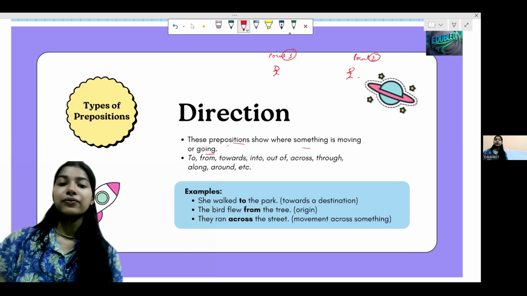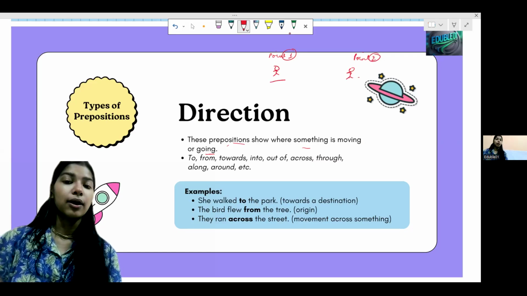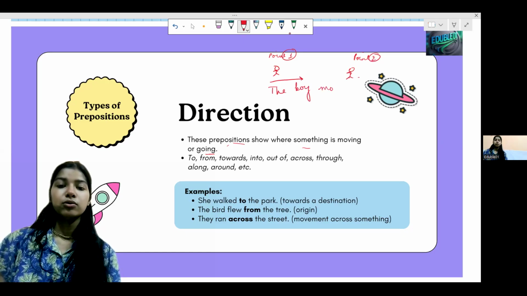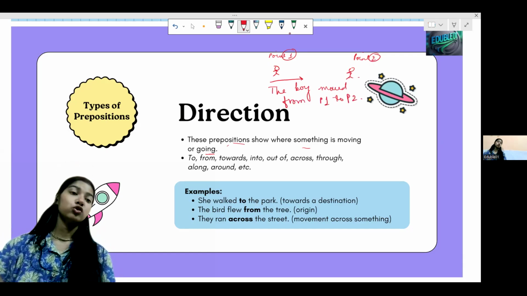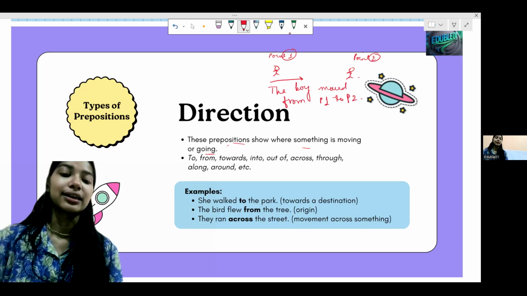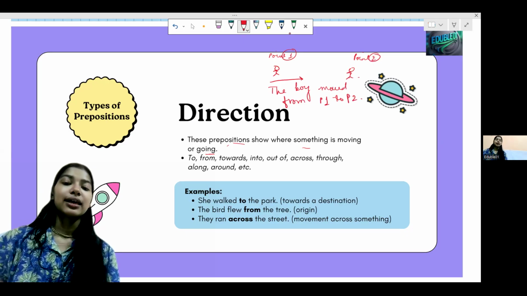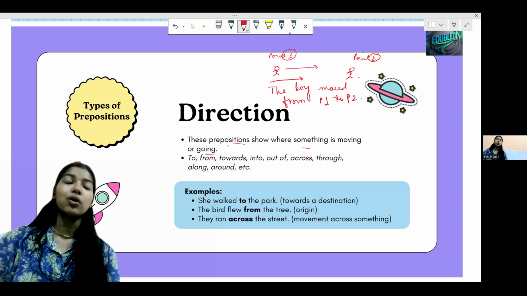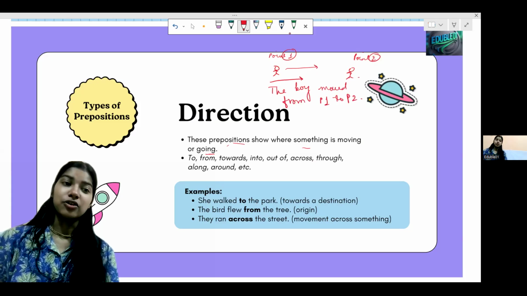So what we can say is that the boy moved from point one to point two. It is saying that something is moving towards something, so it's telling us some direction.